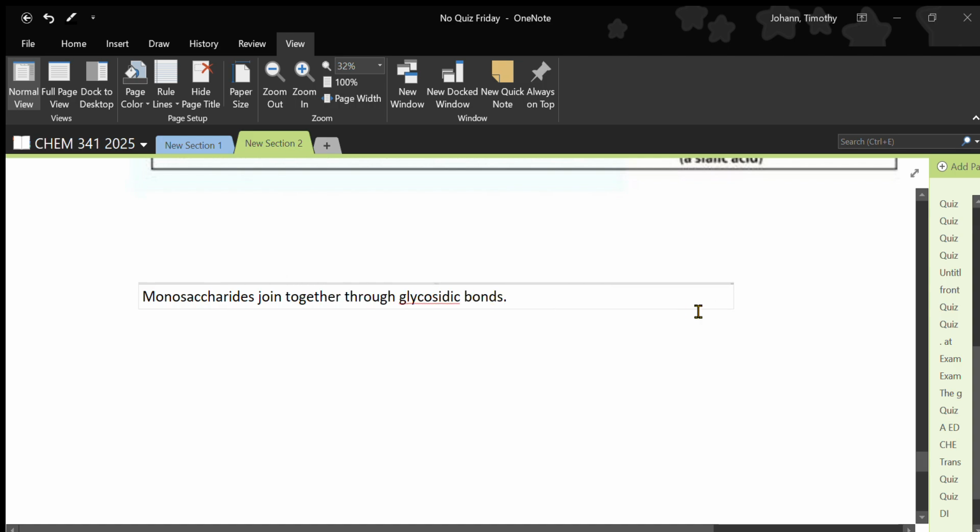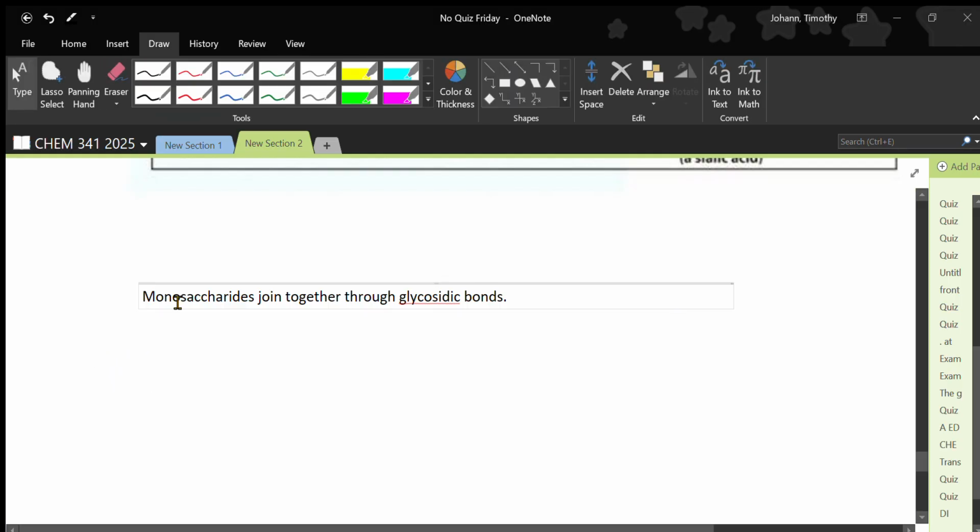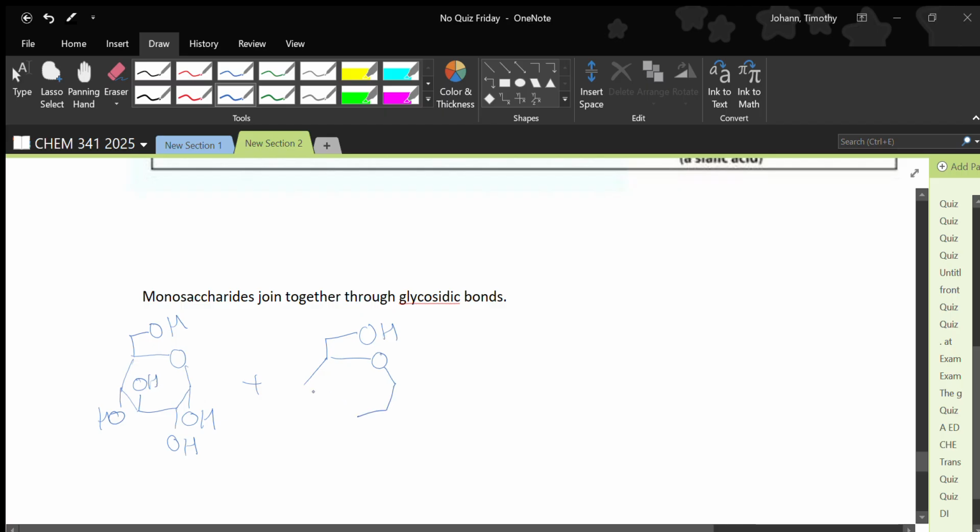So through glycosidic bonds. What you could imagine is if I had two glucose, right? I've got one, this is going to be an alpha anomer of glucose, and I'm going to bring it up with another glucose.